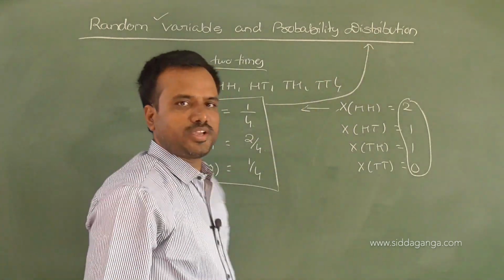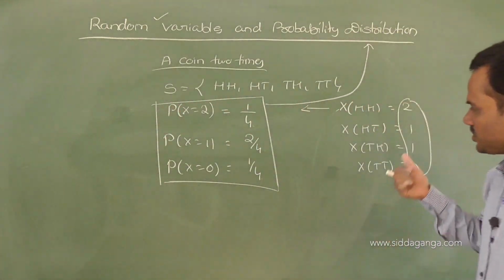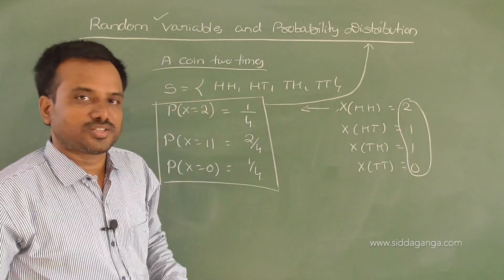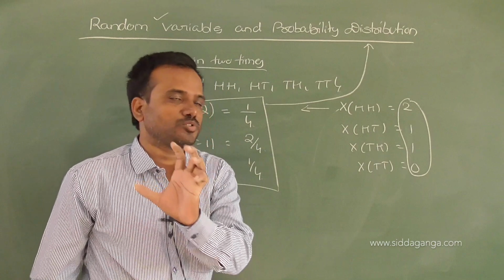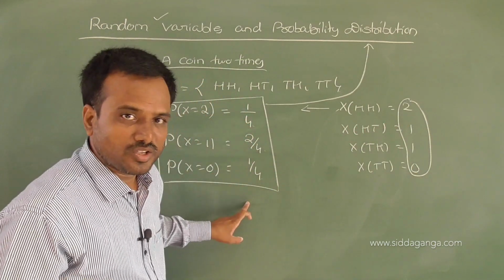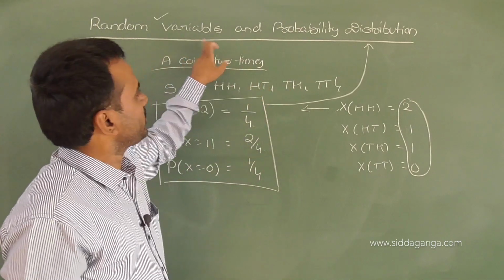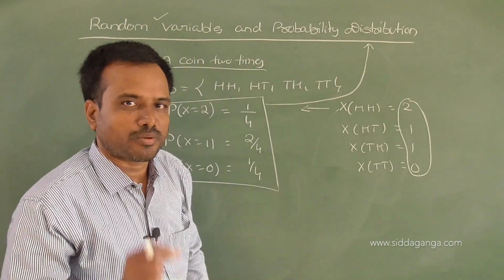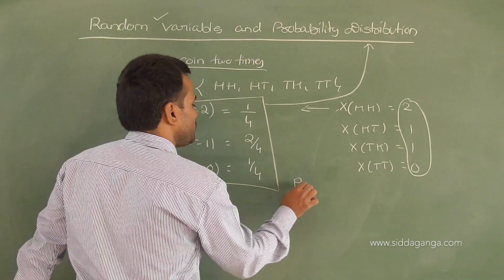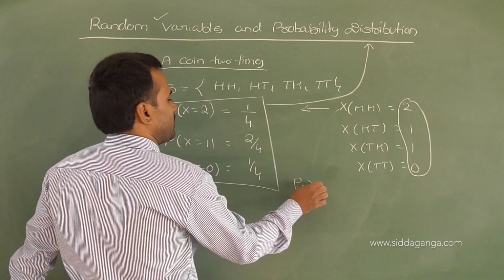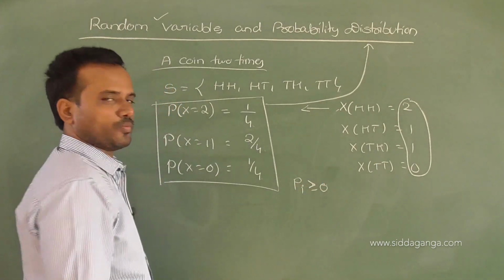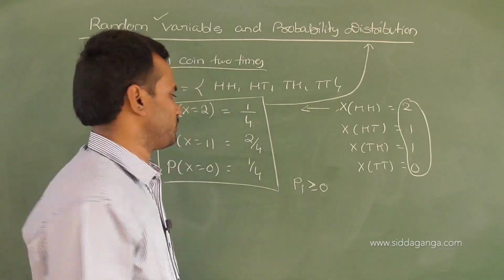This we call the probability distribution. The probability values with respect to the random variable are called the probability distribution. One more very important point: Pi, the probability value, is always greater than or equal to 0. It is always positive.